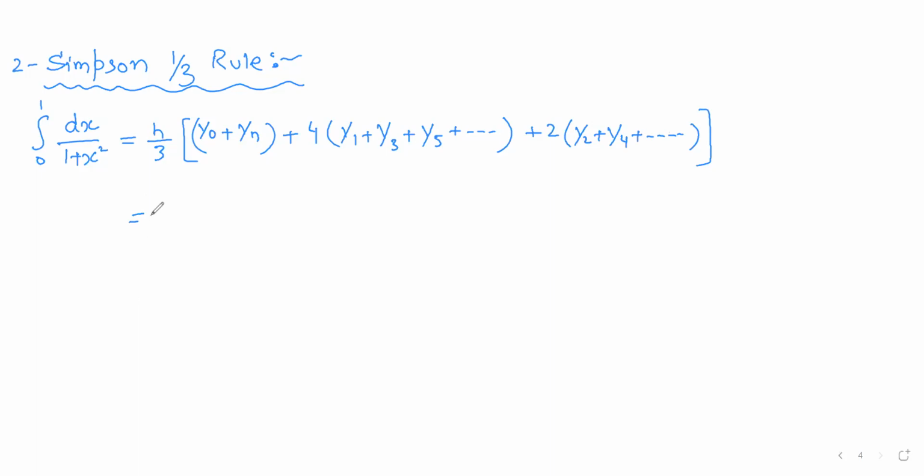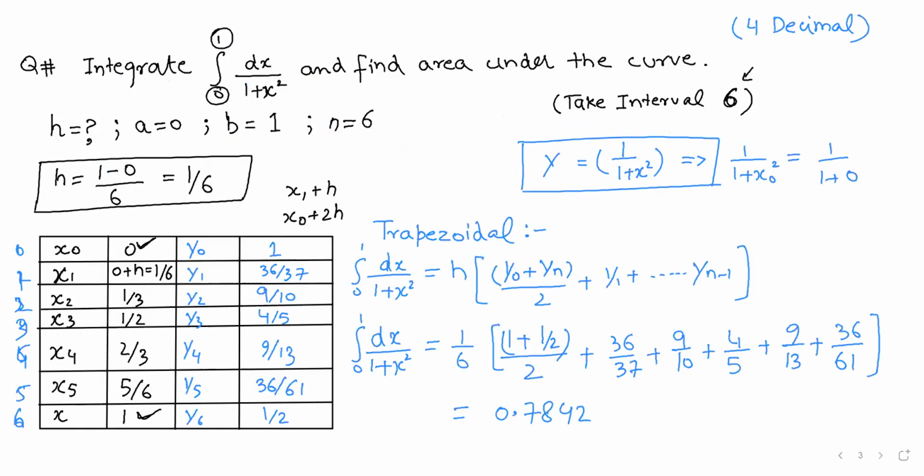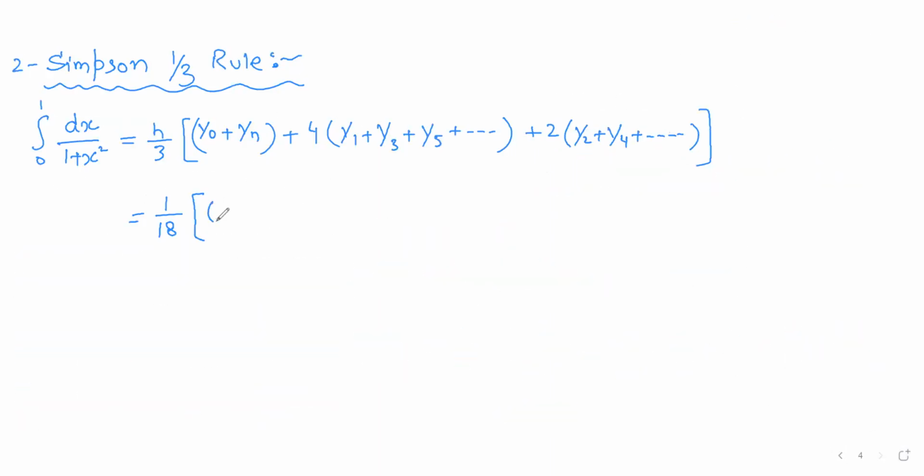So in here, h is equal to 1 by 6, so h by 3 will be 1 by 18, right? Please let me know if it is correct. So yes, it will be 1 by 18. What is y naught? The value of y naught was 1, plus yn.